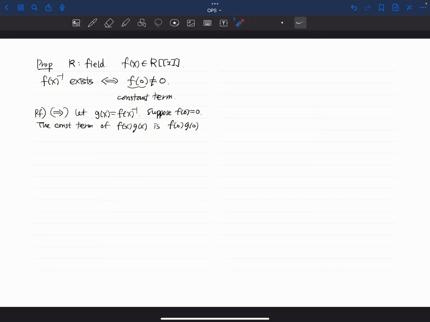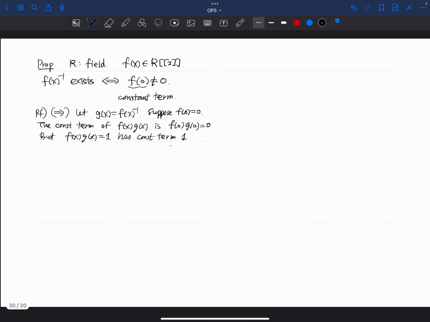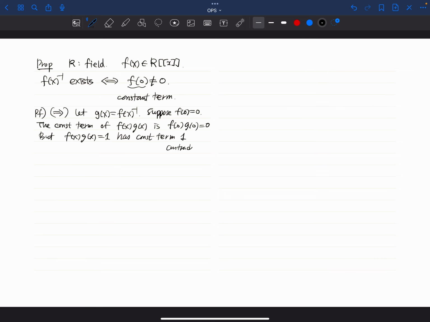It's the product of the constant terms, so it should be this. But this is 0, right? Because f0 is 0, a ring element. But f(x) g(x) has constant term 1, which is a contradiction. Therefore, the constant term must be non-zero.